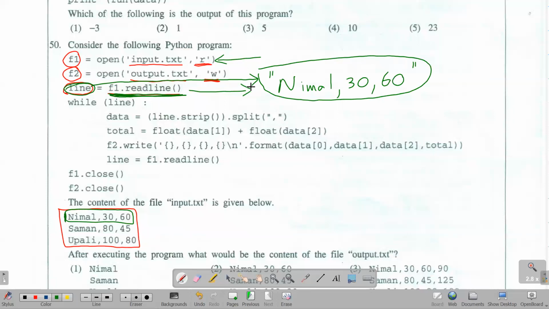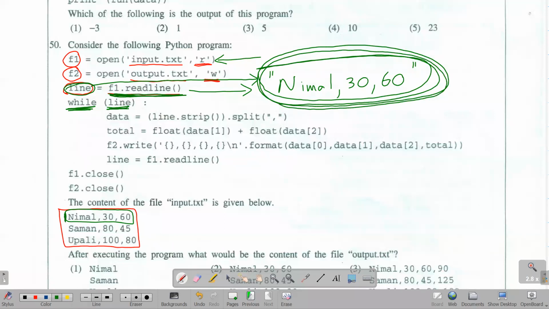Then the while condition. The while structure's condition is taken as just line. Line means this particular string, so it has a value.